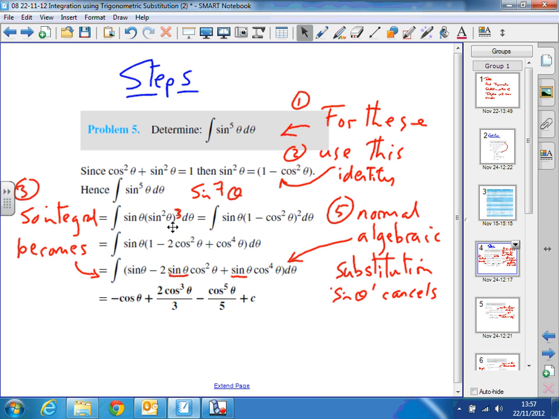So the key is to make the inside of the bracket sine squared, so we can make this substitution. It seems a bit odd, but let's carry on and see how this helps us.